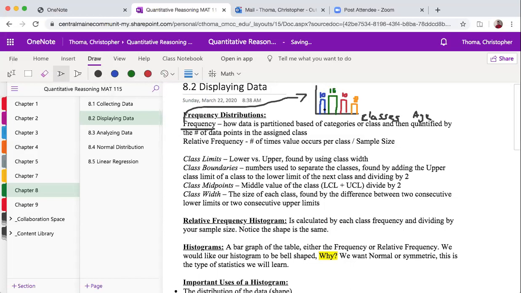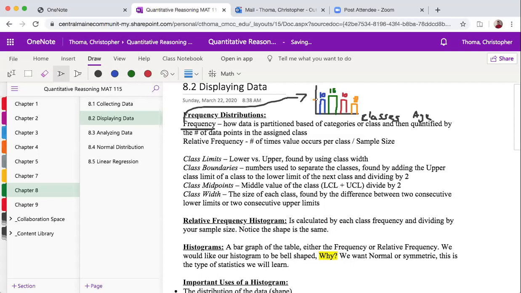So the frequency of these ages, whatever I was doing a survey of, I had 10 people in their 20s who answered the survey, 16 in their 30s, 10 in their 40s, and 8 in their 50s that participated in whatever I'm asking. So this would be my frequency.